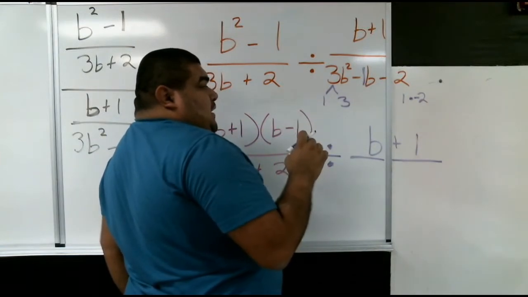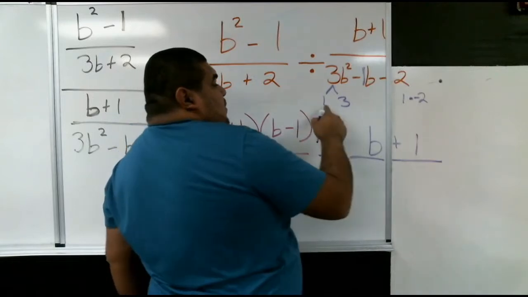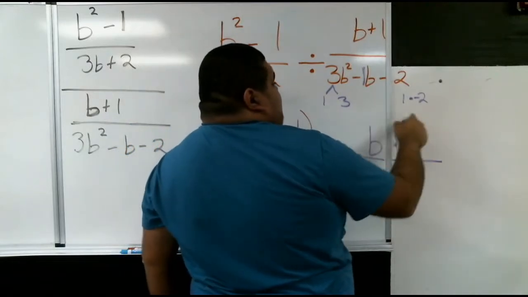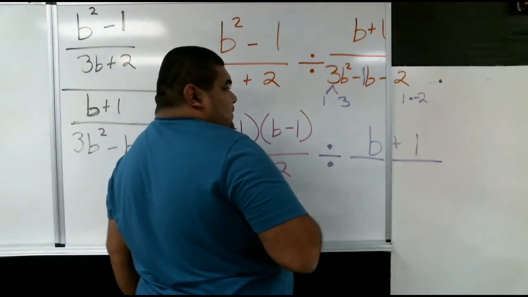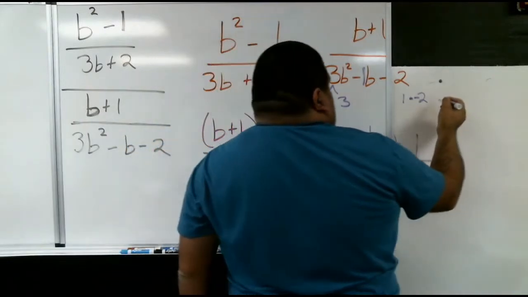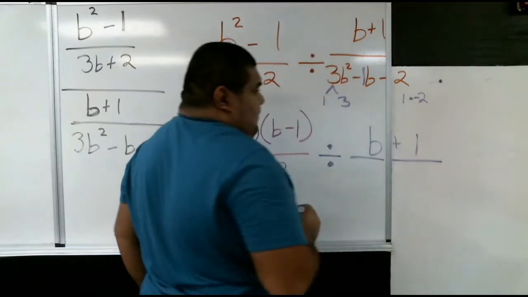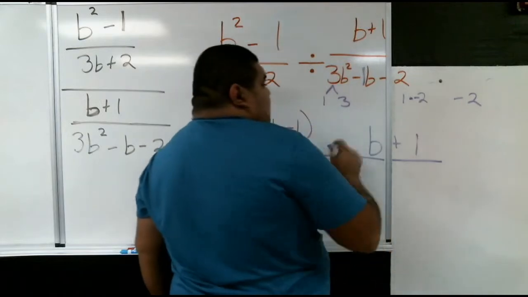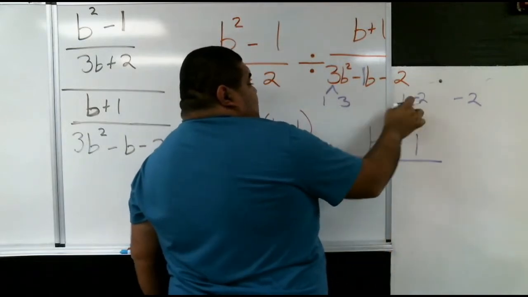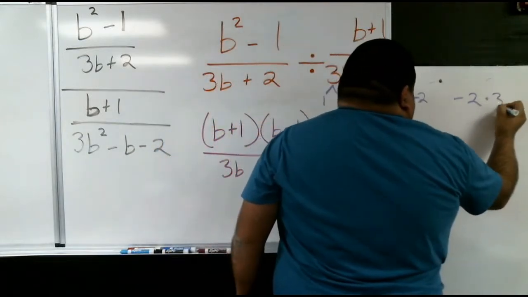If we multiply 1 times negative 2, we get negative 2, right? And then 1 times 3 is 3.